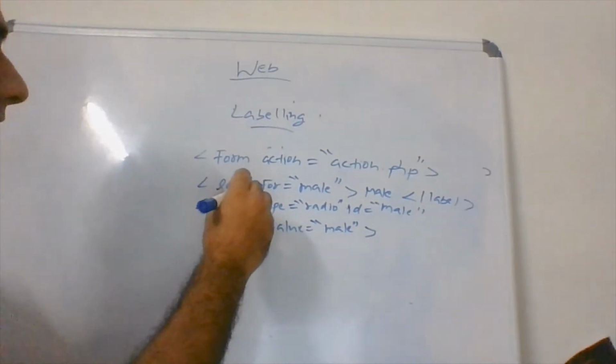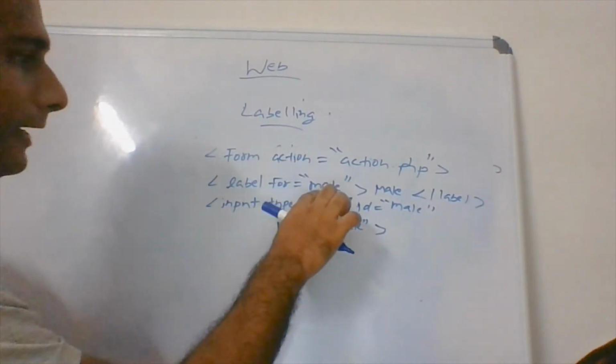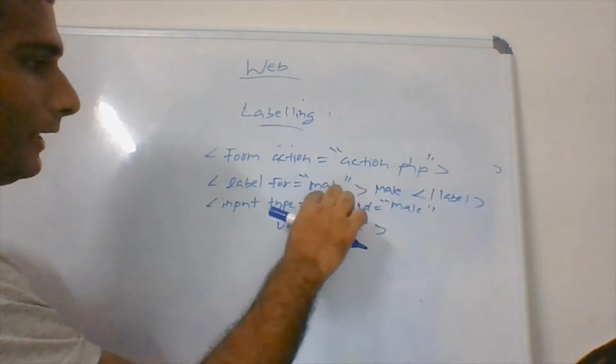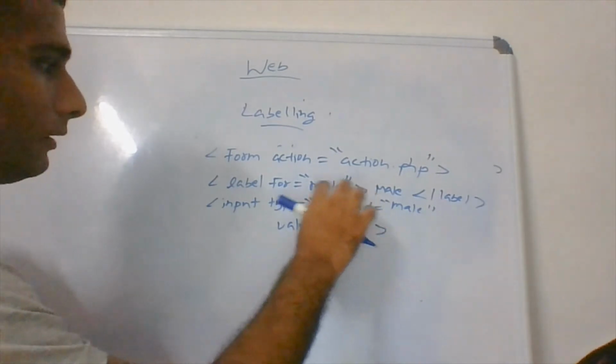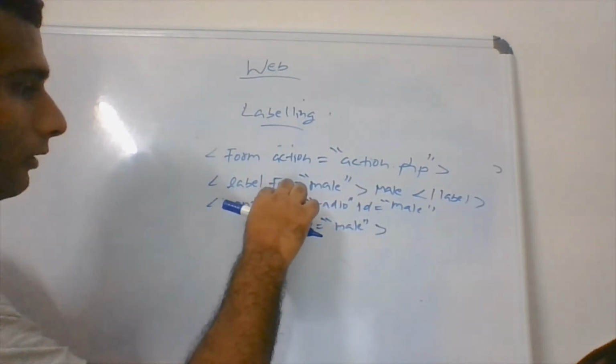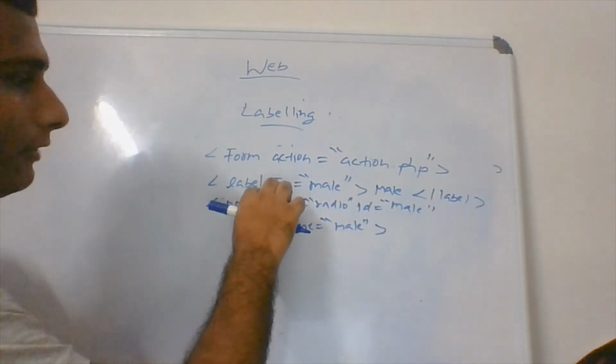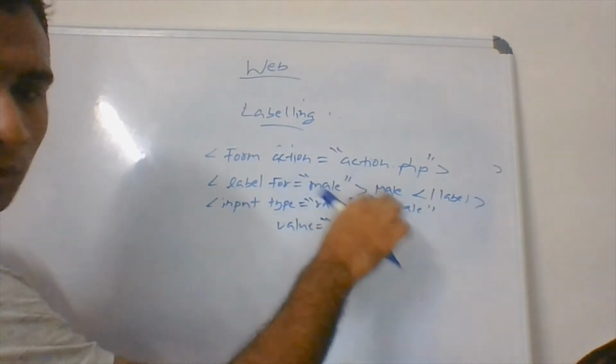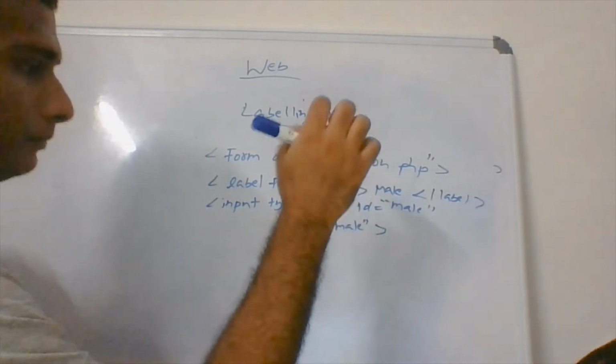So here you can see label for mail. Here the mail will match with the ID of the input type. The for attribute in the label will match with the ID in the input type. ID equal to mail. You can see both of them are matching.